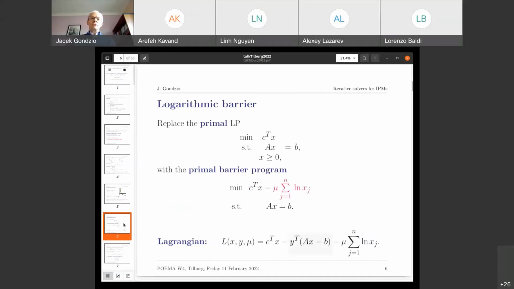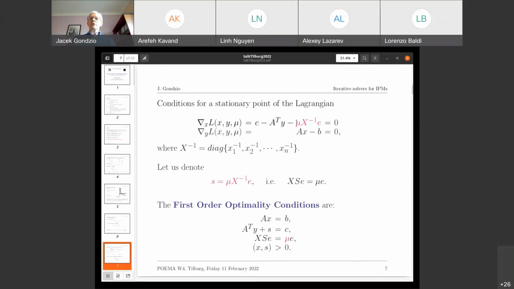The derivative with respect to x is the most interesting object that I'd like to draw your attention to. Differentiate this function with respect to x and you will obtain c, from here A transpose y, and from here, of course, the terms 1 over x multiplied with the scalar mu. Indeed, that's what you can see here. This is mu times X inverse e as the last contribution from this differentiation, where I use the typical notation.